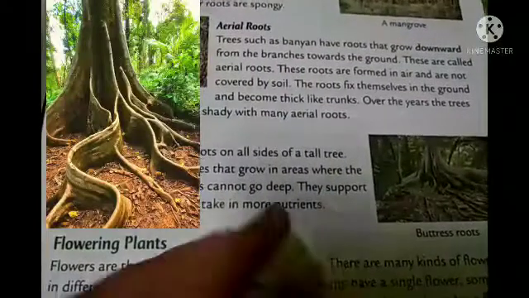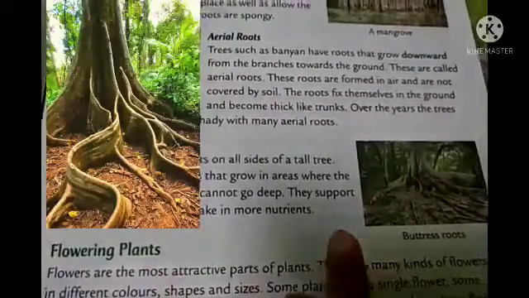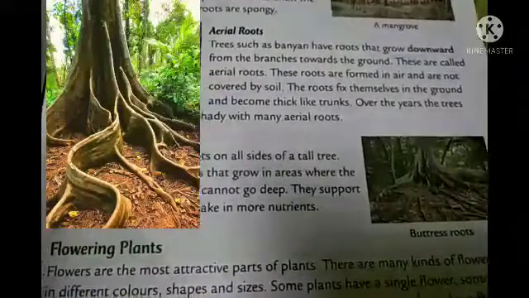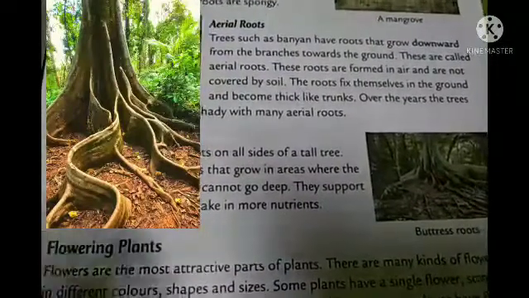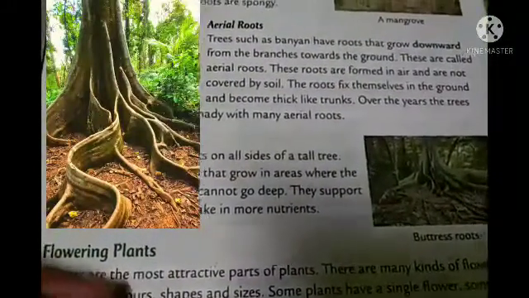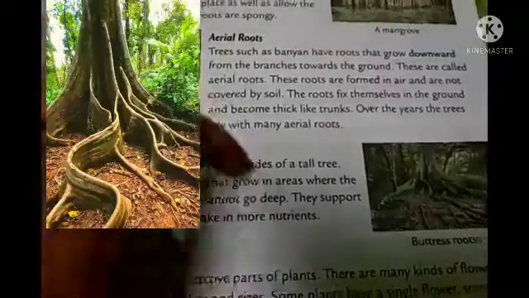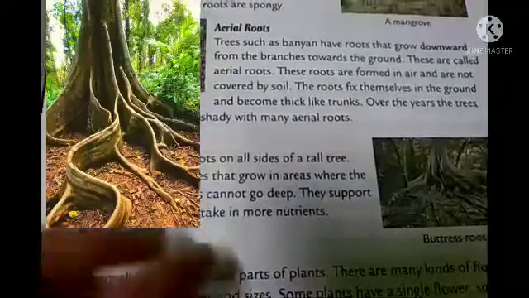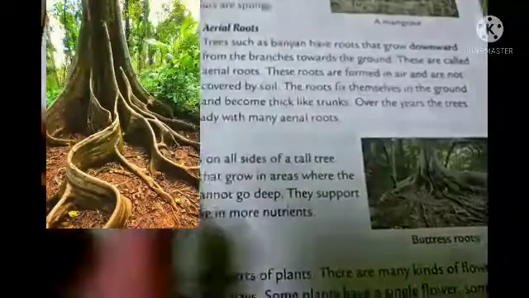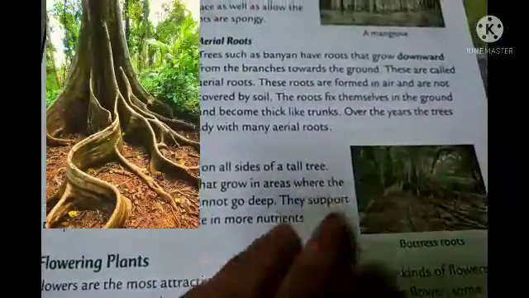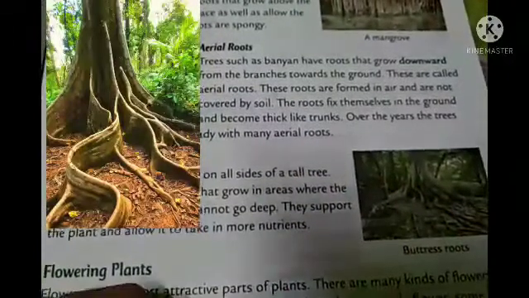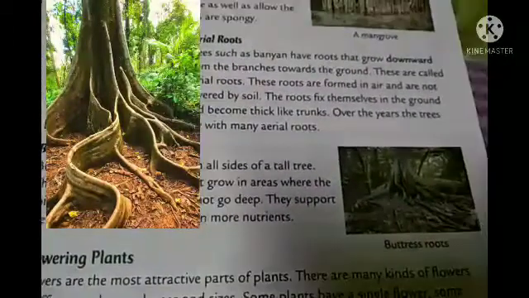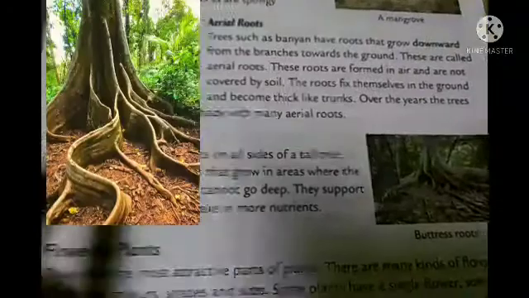In those cases, the roots extend in all directions to give support to the plant and allow it to take in more nutrients, because from that soil they might not get proper nutrients. So they spread over the ground, so that even from a distance they can get some nutrients from the soil. These are called buttress roots.